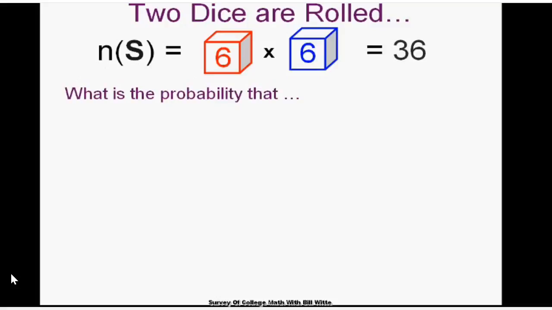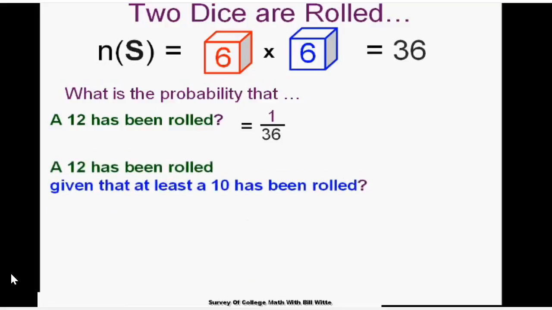Let's consider the probability that a 12 has been rolled. Well, I think you already know that. There's one way to get a 12, and there's 36 in the sample space, so it's 1 out of 36. What's the probability that a 12 has been rolled, given that at least a 10 has been rolled?